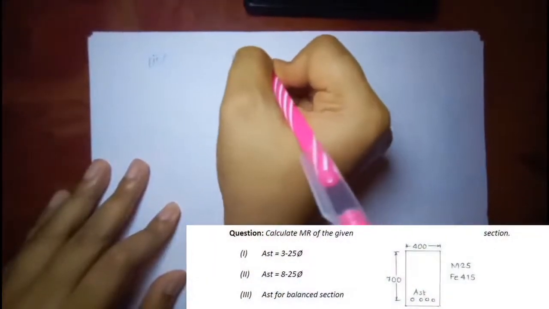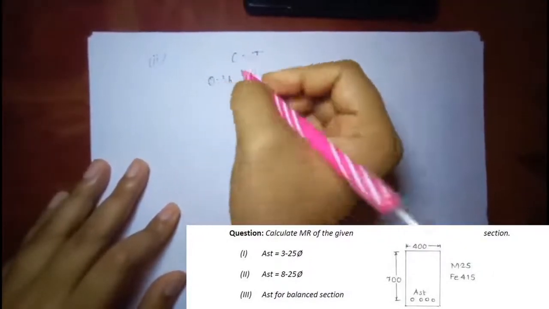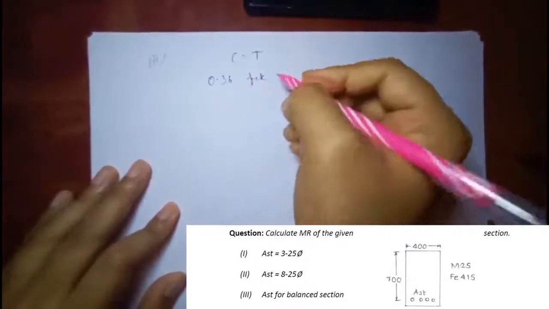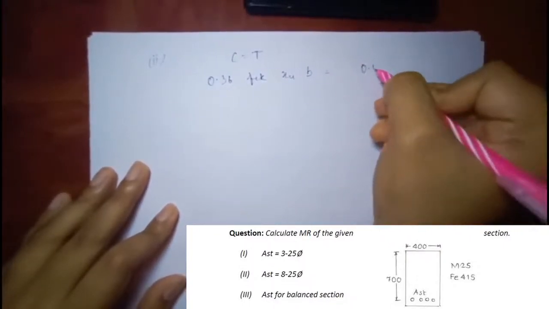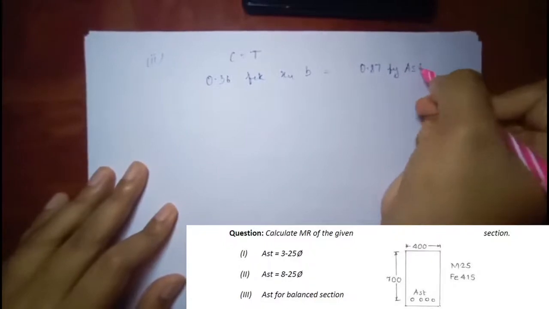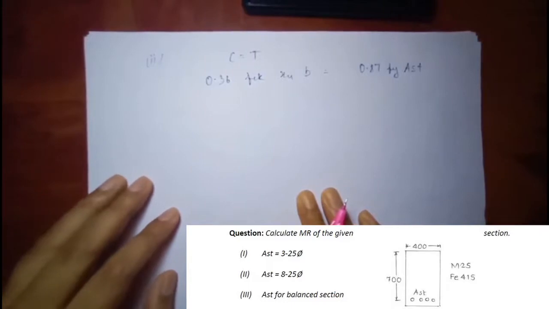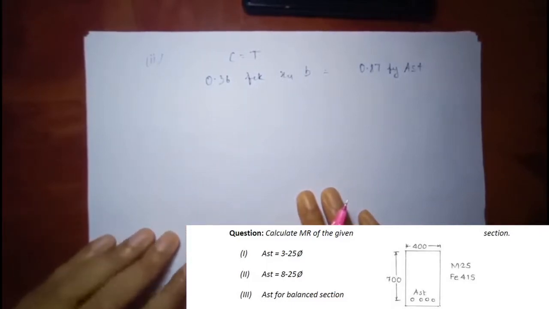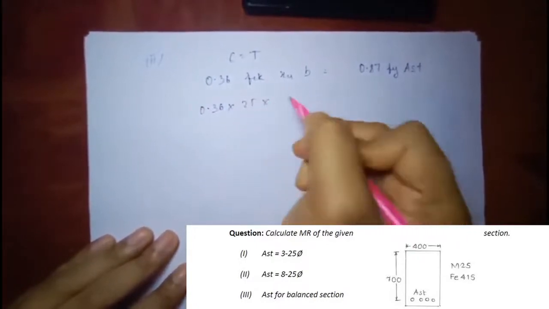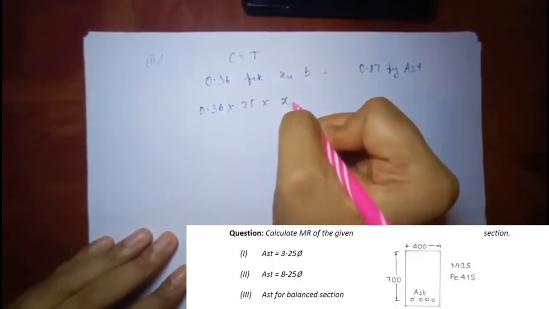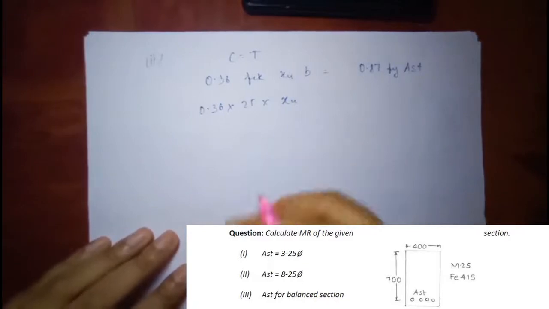So now first for the position of neutral axis, C will be equal to T, and it is 0.36 FCK XU B equal to 0.87 Fy AST. This is known to us. And now I will replace this with 0.36 multiplied by 25 multiplied by XU, which we have to find out for 8-25 dia bars, because we have changed the number of bars, so the XU will also be affected.